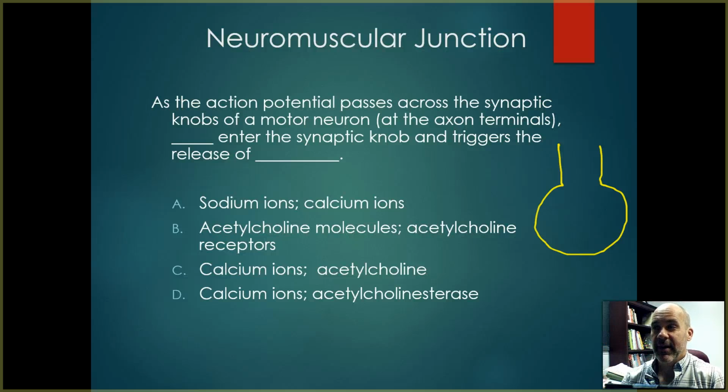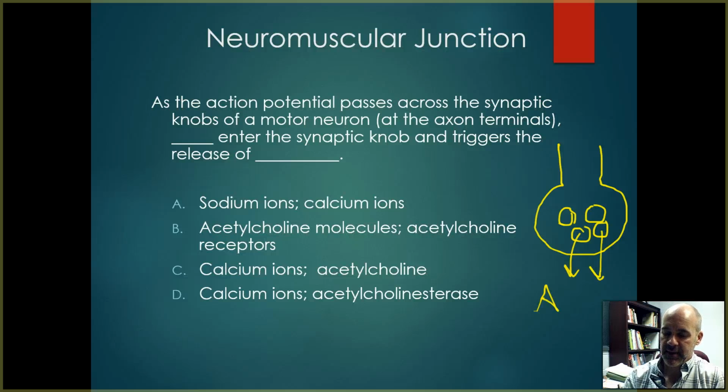What did we say will enter the synaptic knob at that point? Hopefully you're thinking calcium ions. You've got calcium outside the cell, they come in through channels that open when that action potential arrives. And that triggers, what do we have stored inside the axon terminals that will get released when that happens? Hopefully you're thinking acetylcholine. That gets released into the synapse when that occurs. We're down here in our synapse.